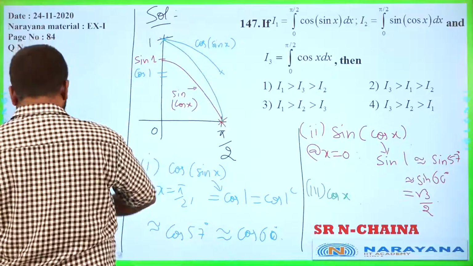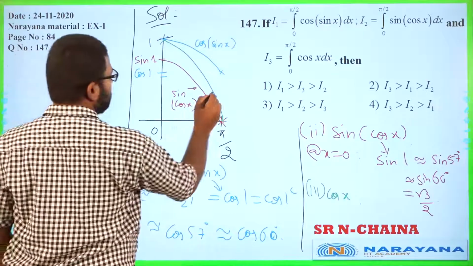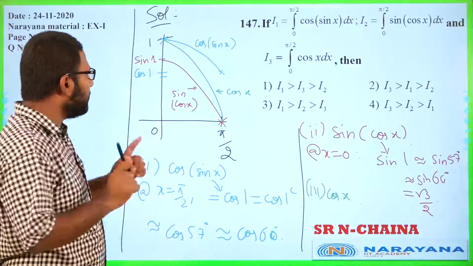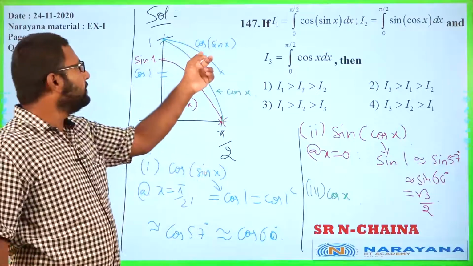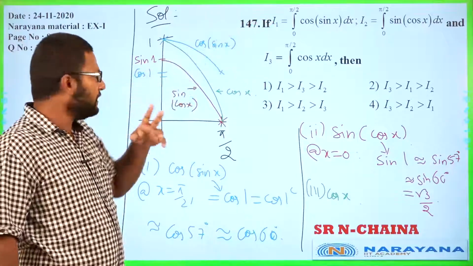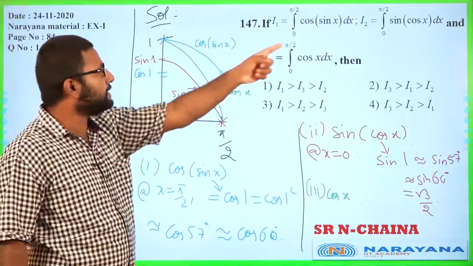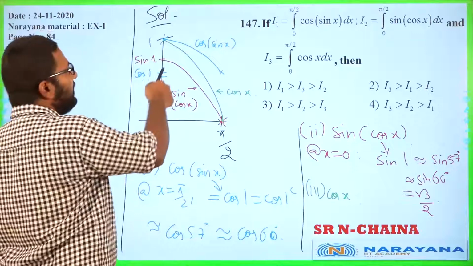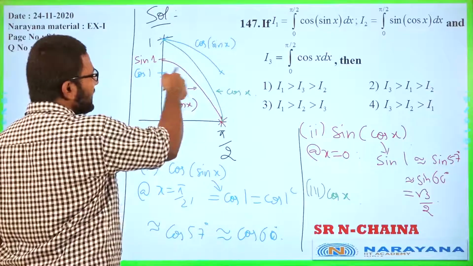And the green one is cos x itself. Clearly the area under the first graph is highest and area under sine of cos x, the second one, is lowest. So your relationship should be I1 is greater than I3 is greater than I2.